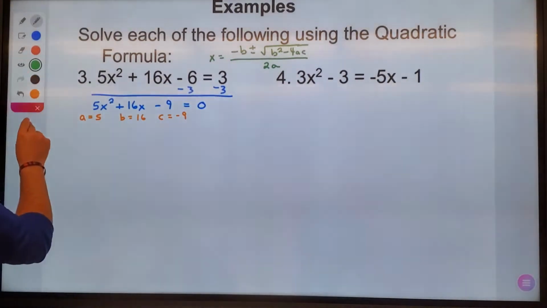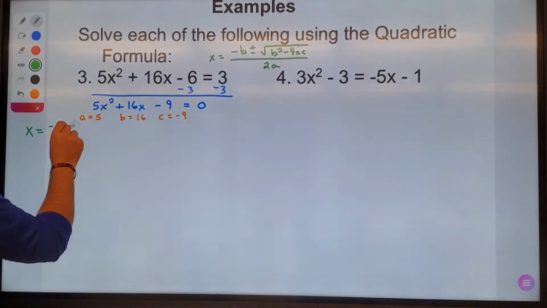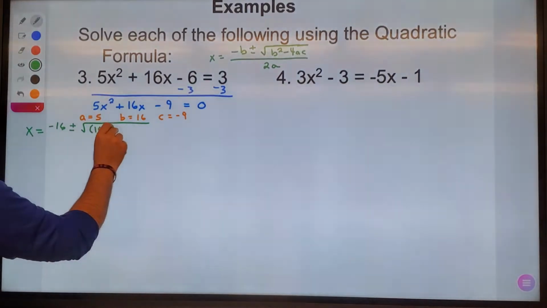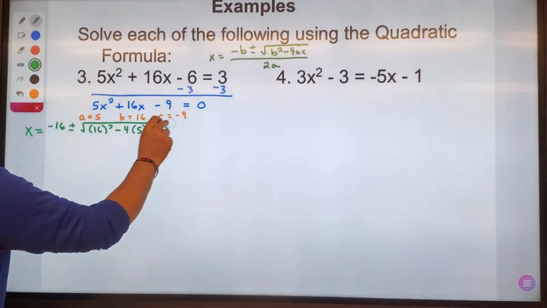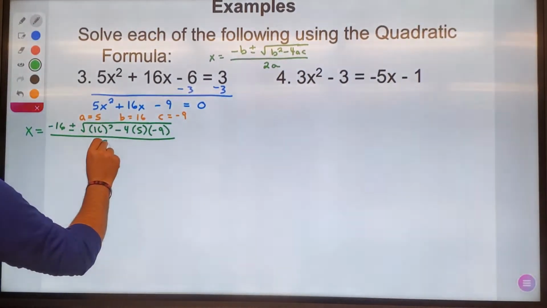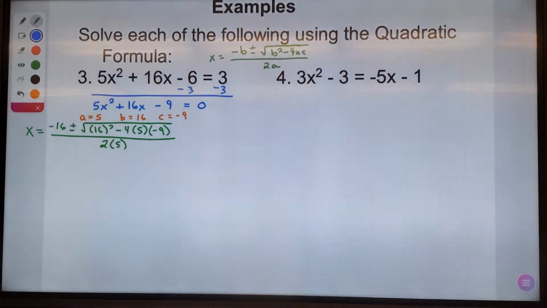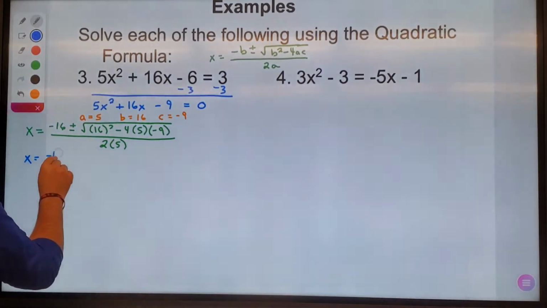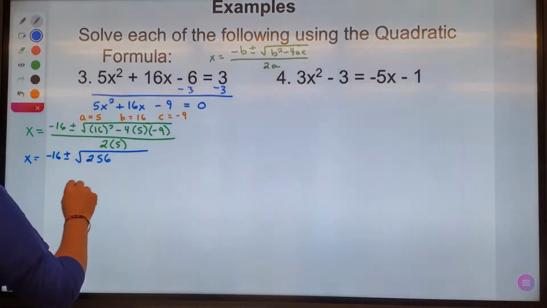So now at this step, x equals, the opposite of 16 is negative 16, plus or minus square root of 16 squared minus 4 times a times c over 2 times a. 16 squared is 256, so I have x equals negative 16 plus or minus square root 256.